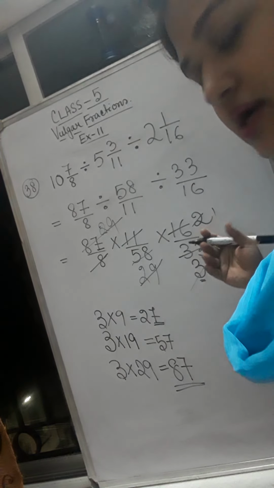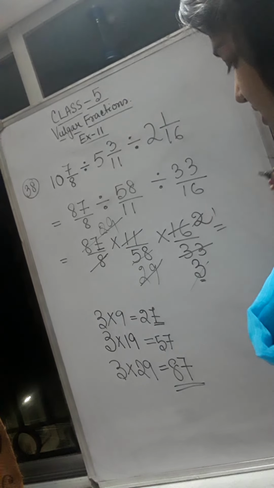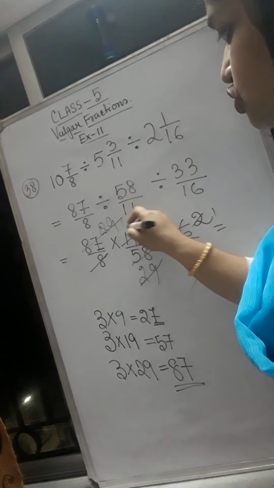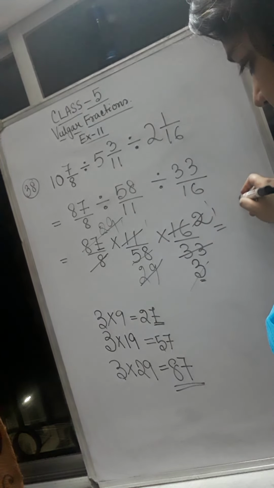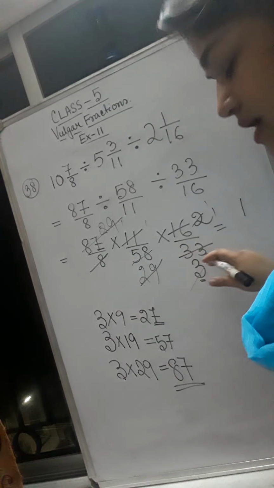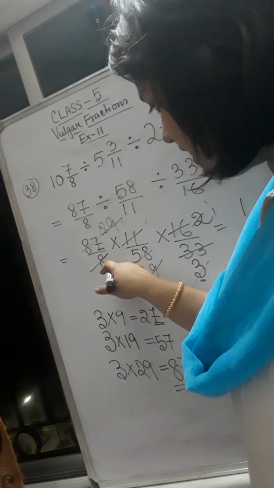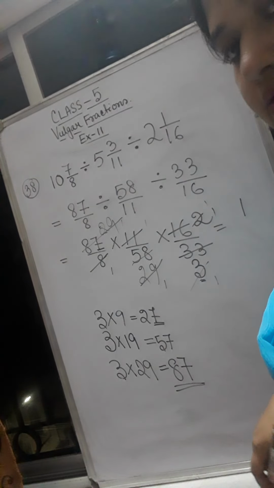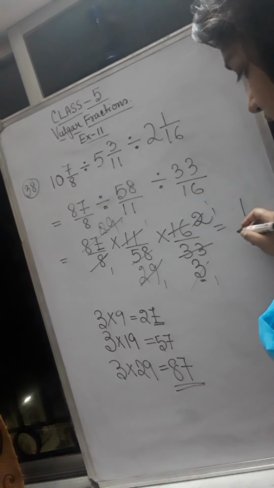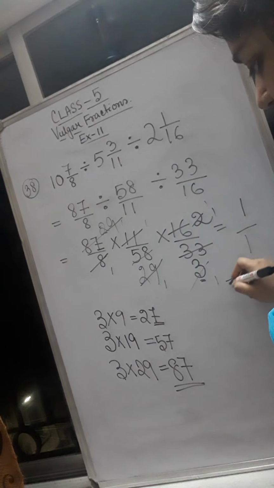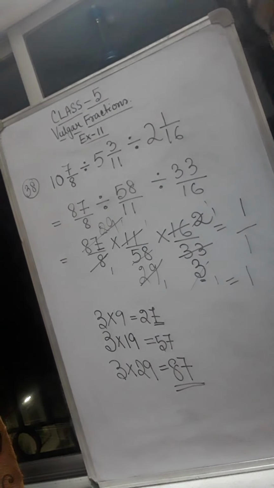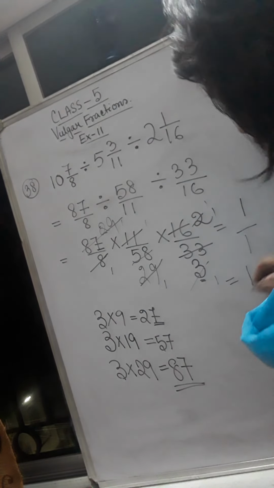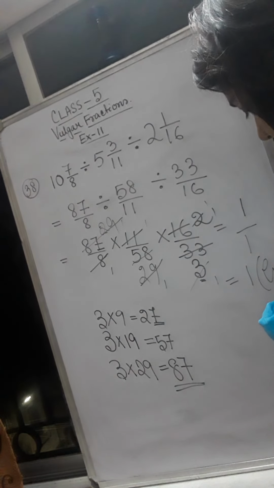Now in multiplication, when all numbers get cancelled, that means the top part has got 1, and the bottom part, if everything is cancelled, also has 1. So 1 into 1 into 1 gives you 1, and 1 by 1 means only 1. So 1 is the answer.